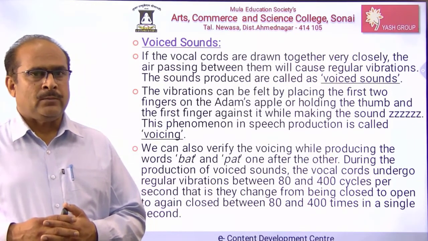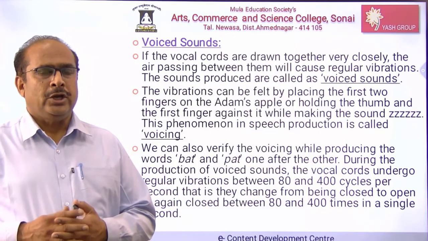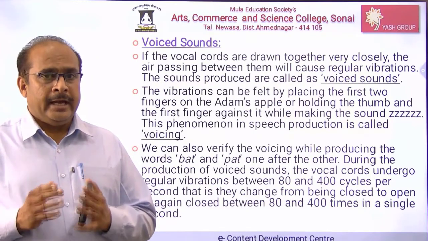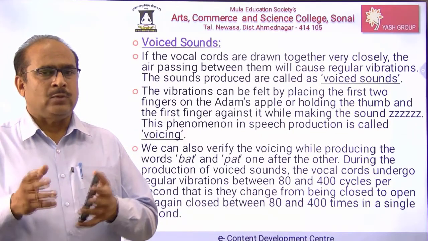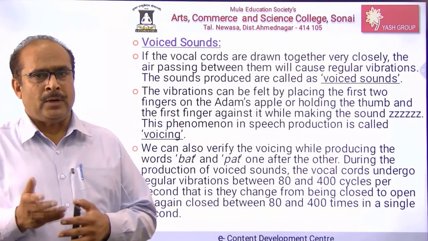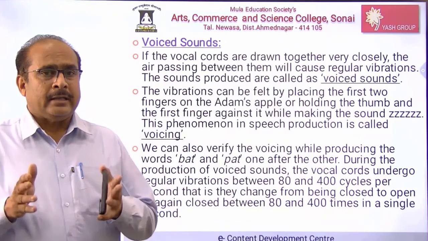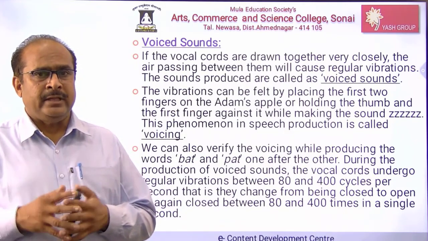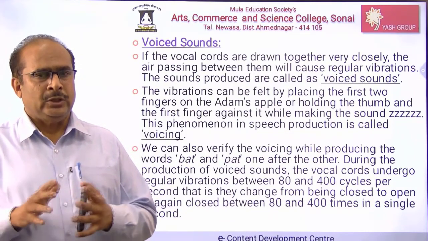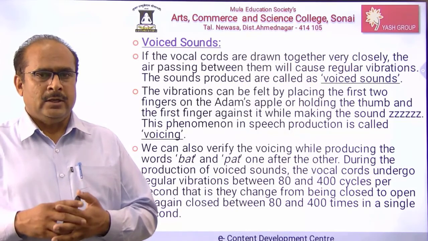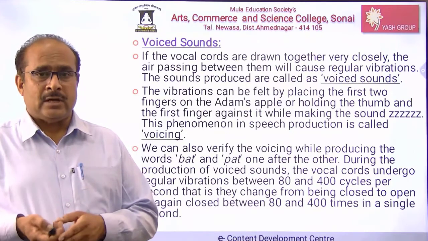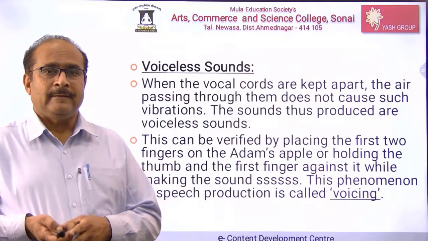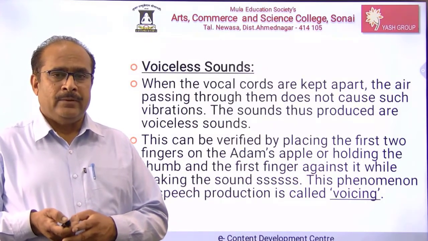It is because in the production of b sound, the air dashes the vocal cords since they have come close and they produce vibration. In the production of p sound, they remain apart, the air passes between them, the air does not dash them, so they don't vibrate. So such sounds are called voiceless sounds. These are voiceless sounds.